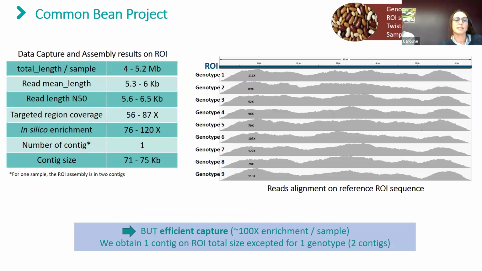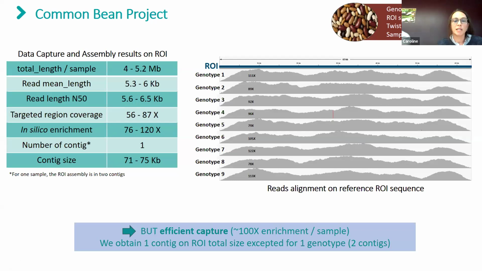The read mean length and the N50 are very similar across the samples and in line with what we observe in the raw data sets. We also calculated an in silico enrichment ranging from 76 to 120x, which is a strong indication of the efficiency of the capture.